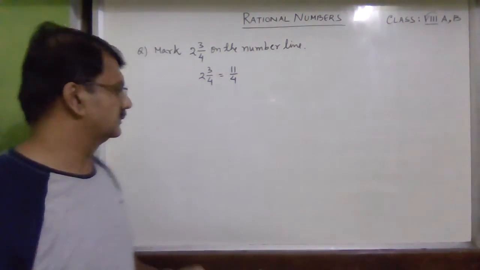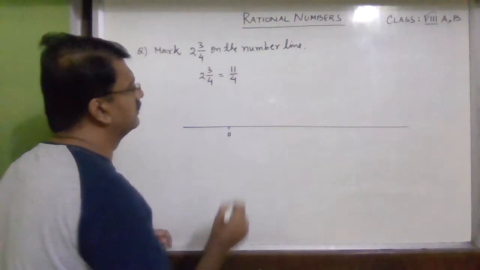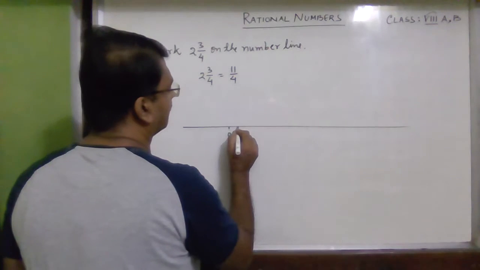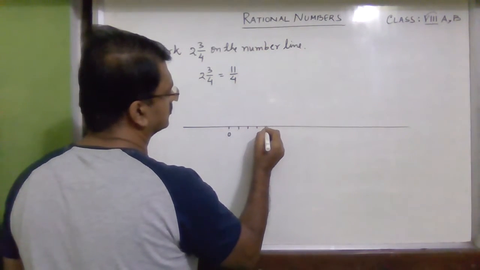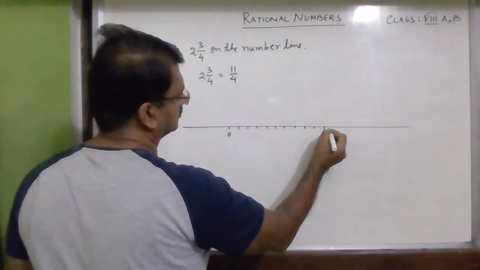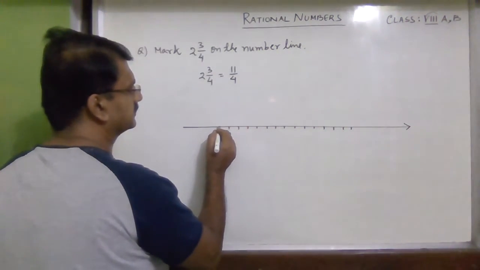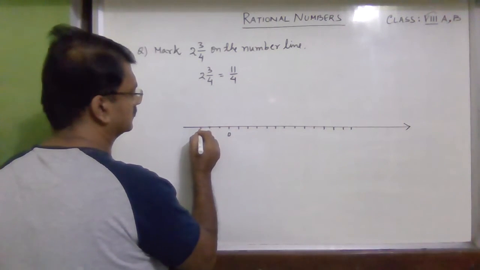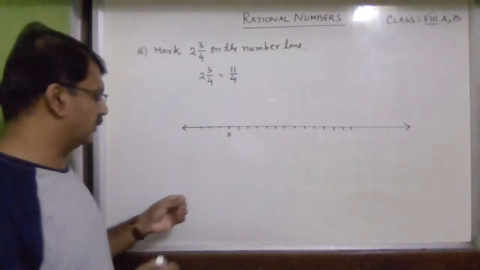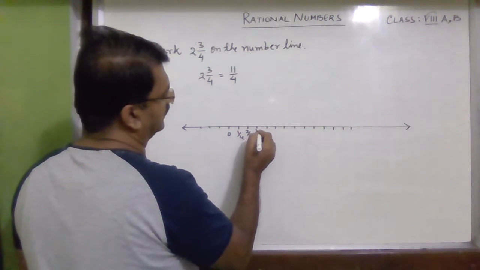Okay. Now draw the number line. As it is a positive number, we need more distance on the positive side. Now, as there is a 4 in the denominator, your first one will be 1 upon 4, then 2 by 4, then 3 by 4.